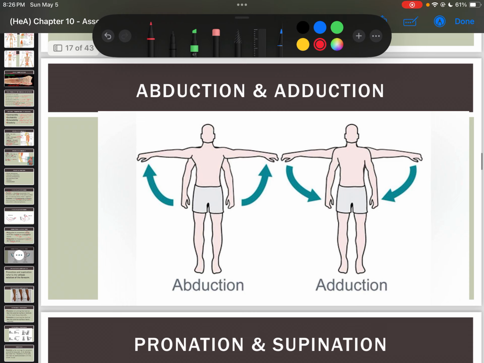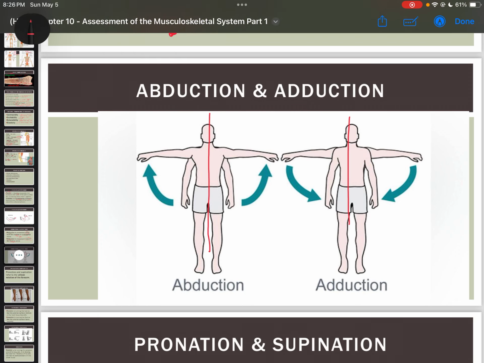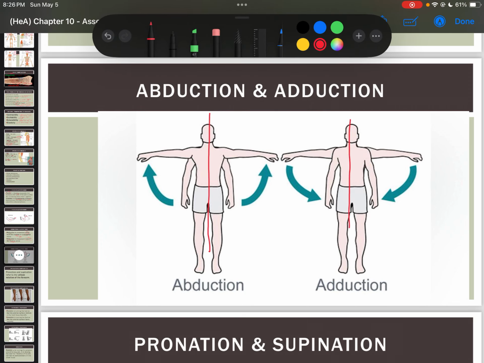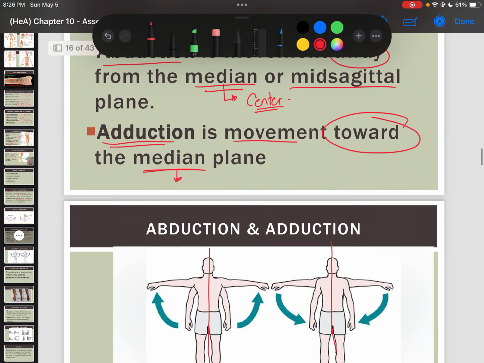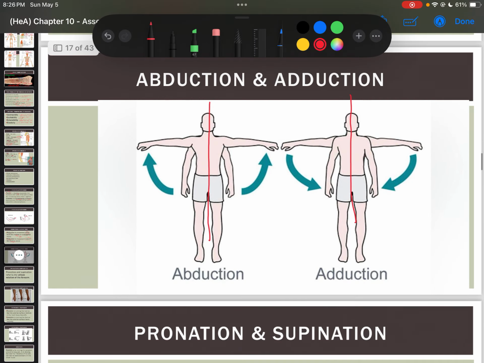Now, it's like this, class. For example, the median plane is this one here, drawn in red. Okay? In abduction, it means away from the median plane. Meaning to say, if our arm started here, when we abduct it, we will move it away from the body.